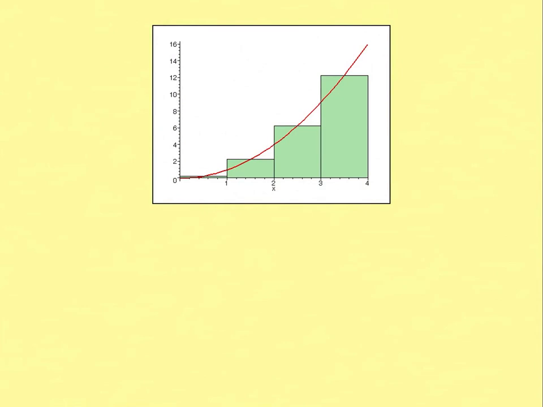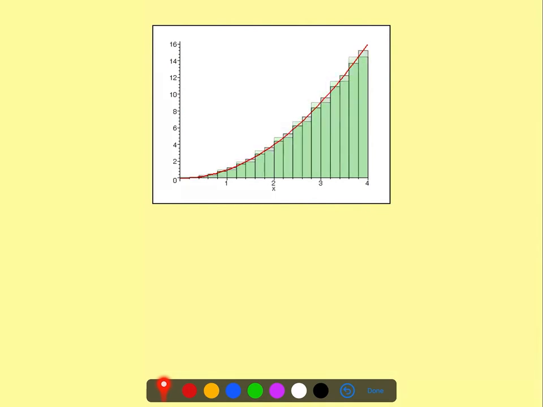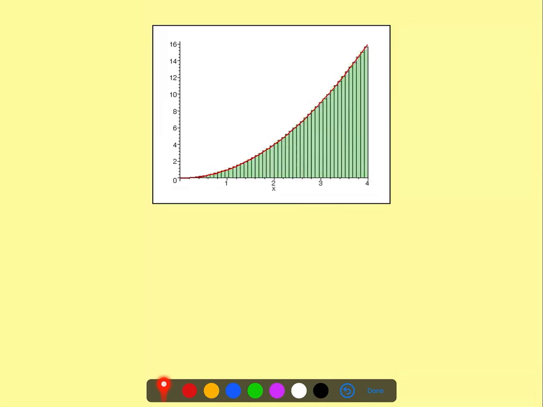We imagine taking the interval for x and breaking it up into pieces and making rectangles underneath the curve. As you can recall, the more rectangles you use, the better and better this approximates the area underneath the curve.